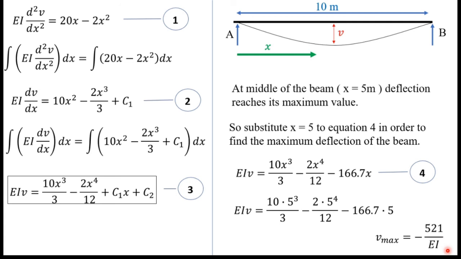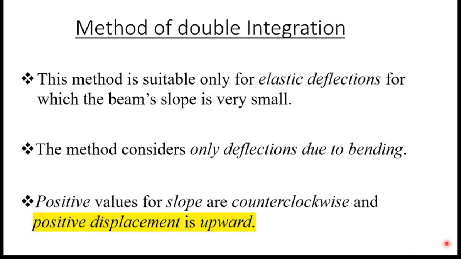If you are given values for E and I, you can substitute and get the final answer. Since in this example they are not given values for E and I, I will keep it as it is. So it says minus 521 over EI. According to our sign convention, positive displacement is upward.